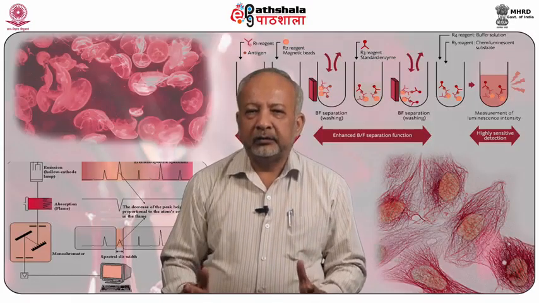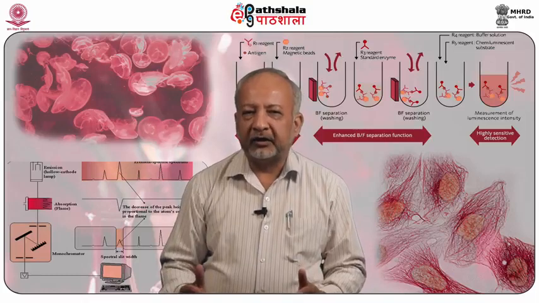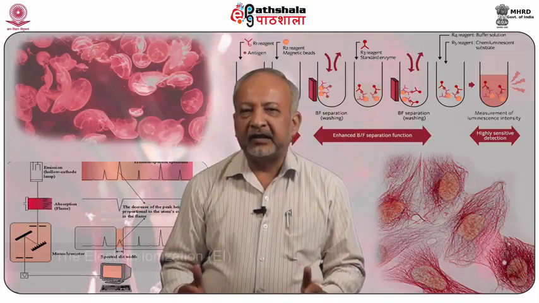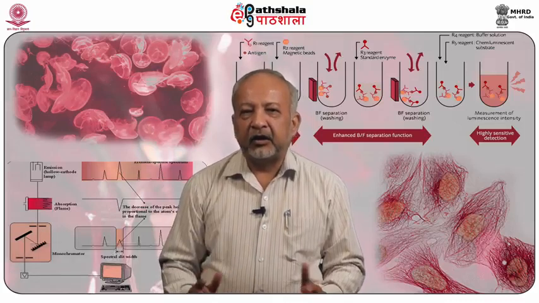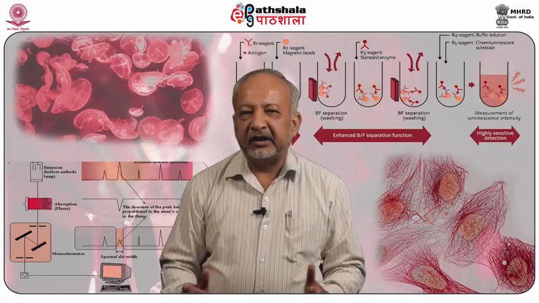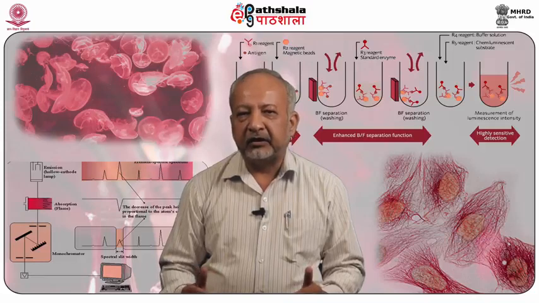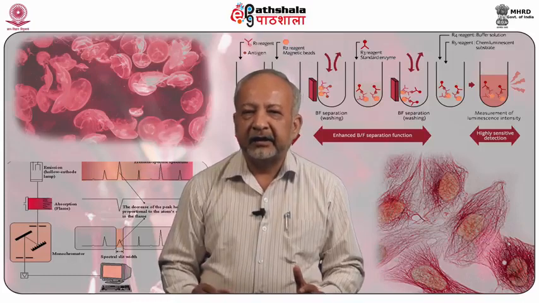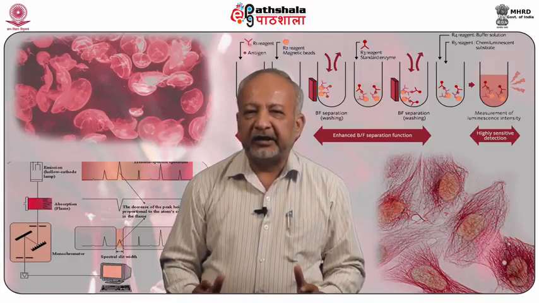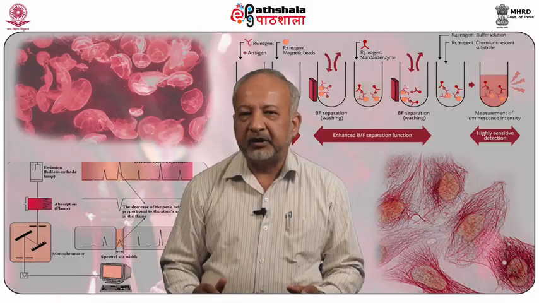As I told you, the first and the most sought after ionization technique is electron ionization, represented as EI. It is an ionization method in which energetic electrons interact with solid or gas phase atoms or molecules to produce ions. EI was one of the first ionization techniques developed for mass spectrometry.